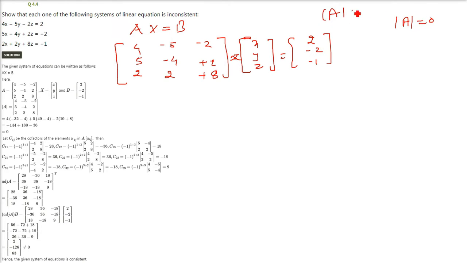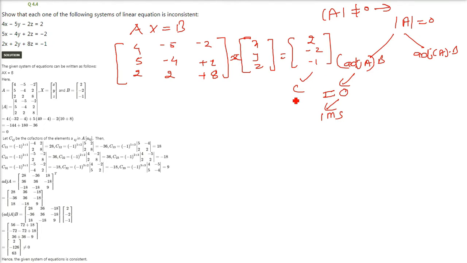We already solved that type of question. But if the determinant of A is equal to 0, then you find the adjoint of A into B. One time it may come as 0, another time it may come not equal to 0. When it comes to 0, since the determinant of A is 0 and this is also 0, we have infinitely many solutions.